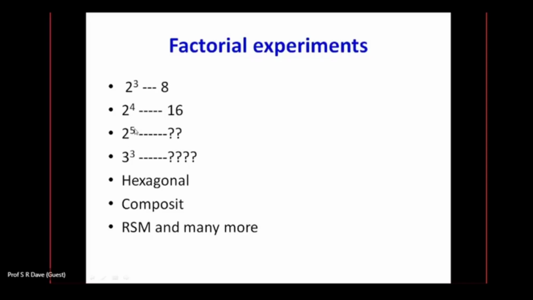If I want to study 5 factors at 2 different levels, 32 experiments are required. So this will give you the idea of how many factors you want to study and at what level, on the basis of the number of experiments.